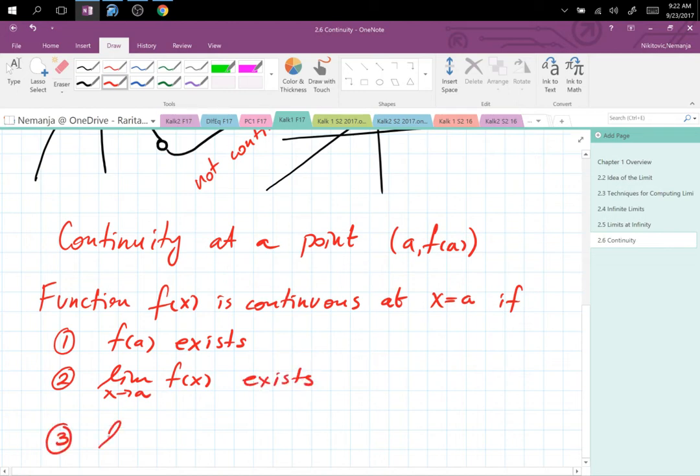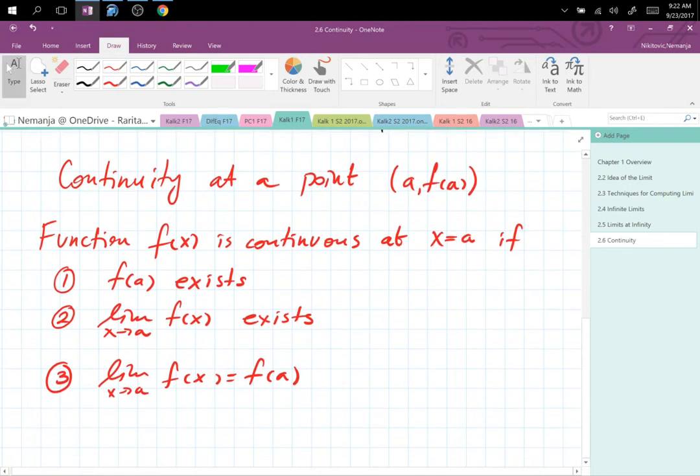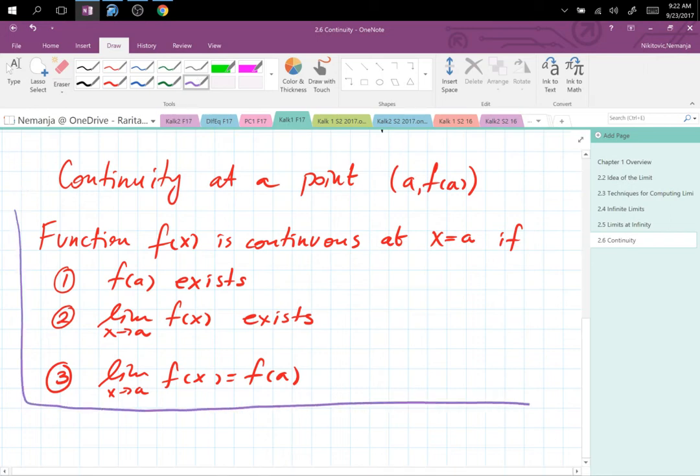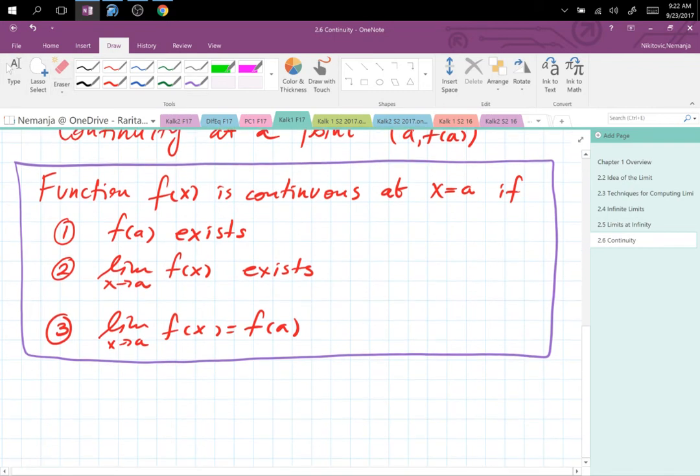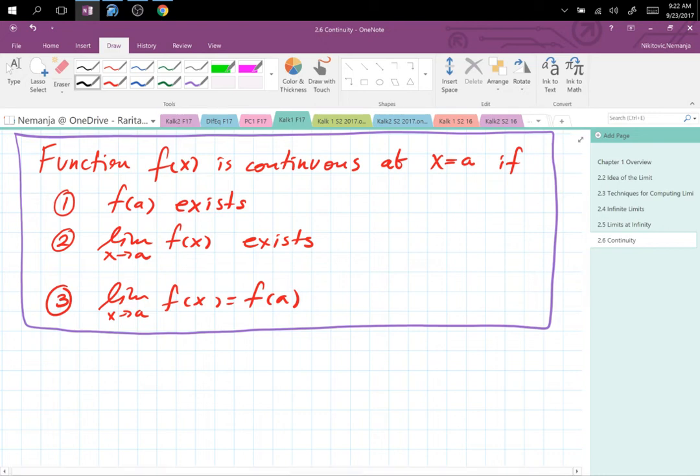And three, the limit as x goes to a of f of x is equal to f of a. This is the theorem. And these three parts are the calculations that you will be performing to check if the function is continuous at the point.